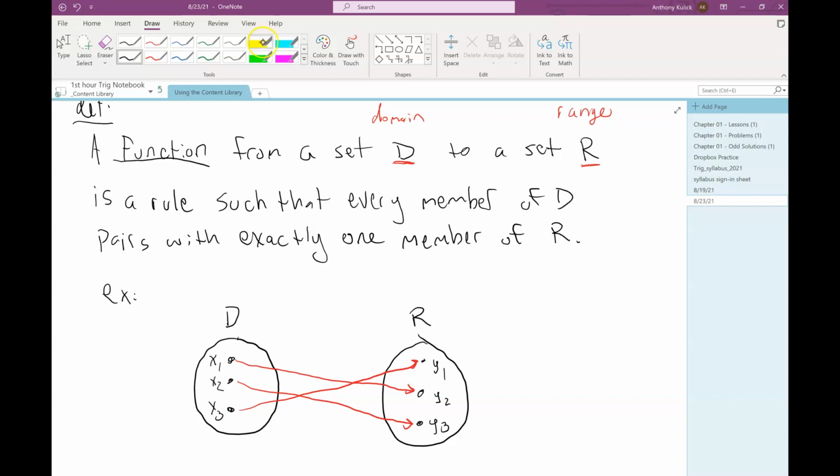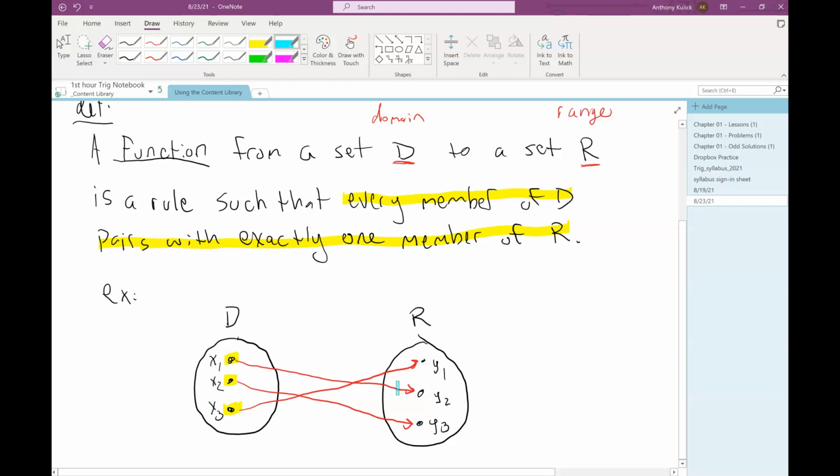It says in the definition that every member of D pairs with exactly one member of R. So the first thing I'm going to do is look at my members of D and make sure that they're all paired with something, which they are. Next, I'm going to look at my members of R and make sure that they're... Nope, that's all I need to check.